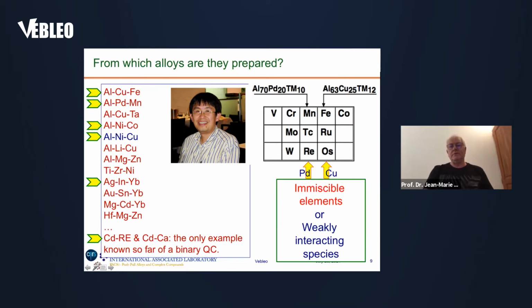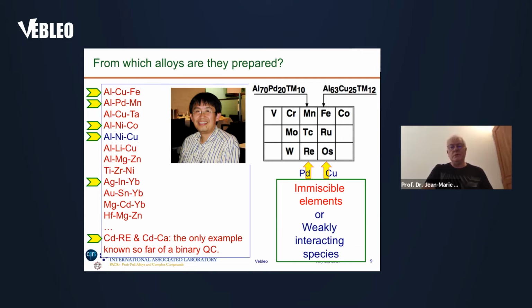So you can form binary compounds with aluminum and palladium, or aluminum and one of these atoms, manganese, technetium, rhenium, but not between palladium and manganese. And of course, this is at the roots of the stability and formation of quasicrystals.